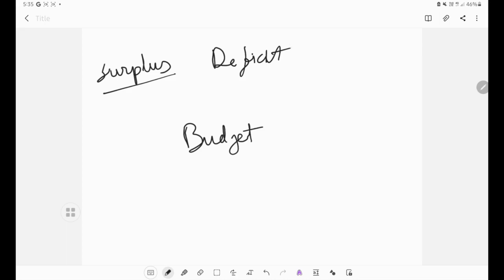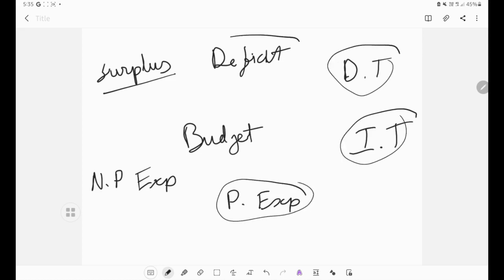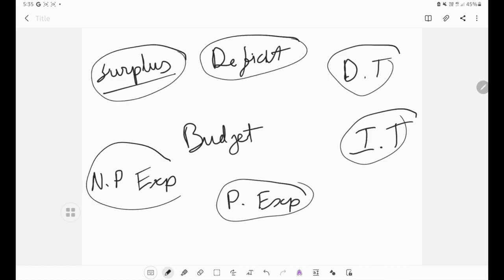Then we have two types of tax: DT, direct tax, and IT, indirect tax. We have expenditures of two types: non-plan expenditures and planned expenditures. So all this composition helps in the formation of the budget.